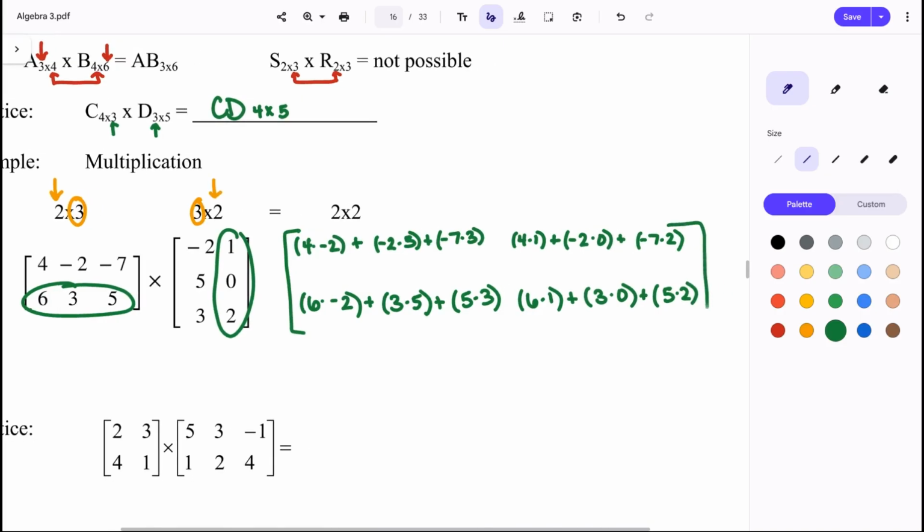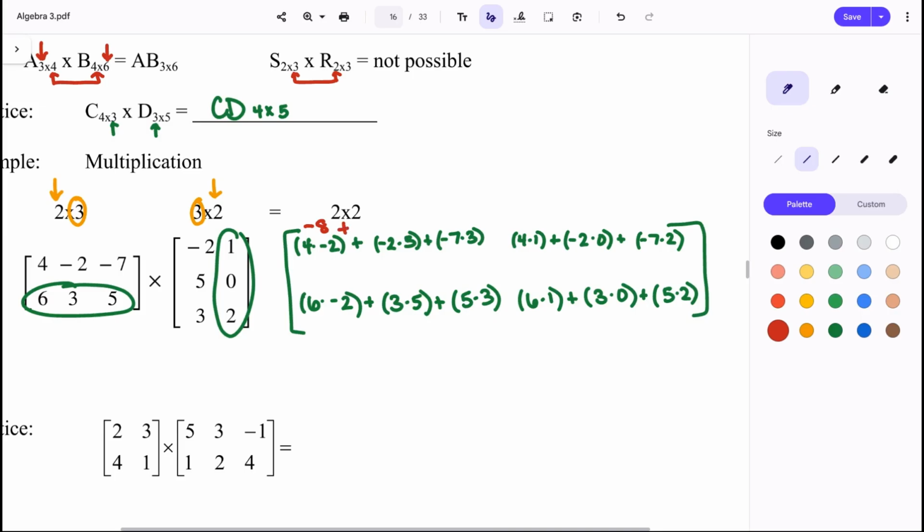Okay, so that's all the matching up of elements, okay? Once you guys get really comfortable with this, you don't need to write all of that out. A lot of that is just going to be calculator work where you're just typing in your equations. But now when you get to this point, it's just to do multiplication and addition. So if we look at the first set of numbers here, 4 times a negative 2 would be negative 8.